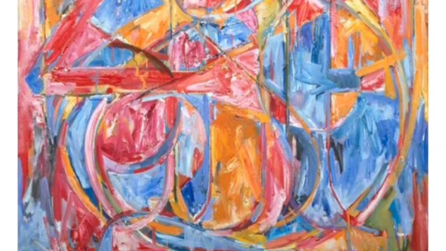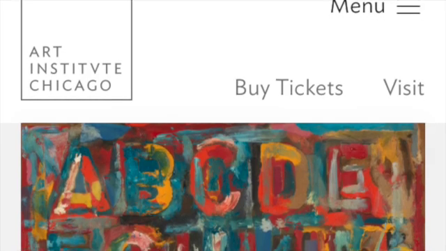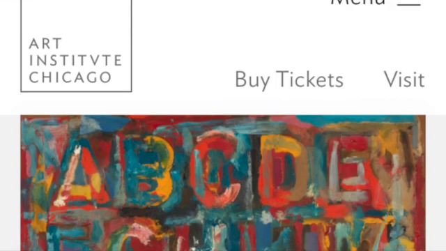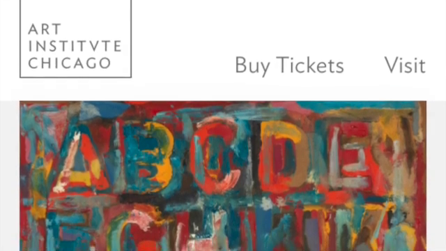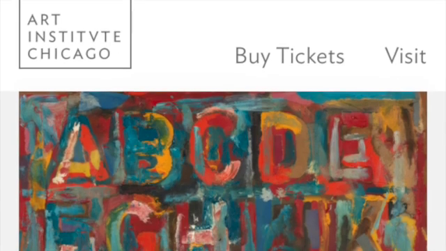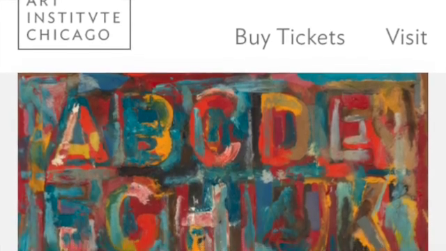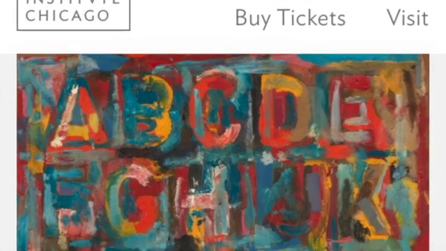Now this next piece, which is one of his alphabet pieces, again, he's using lots and lots of color, overlaying one color on top of the other. But within this piece, instead of having his letters all sitting one on top of the other, he has divided them into rows and columns.